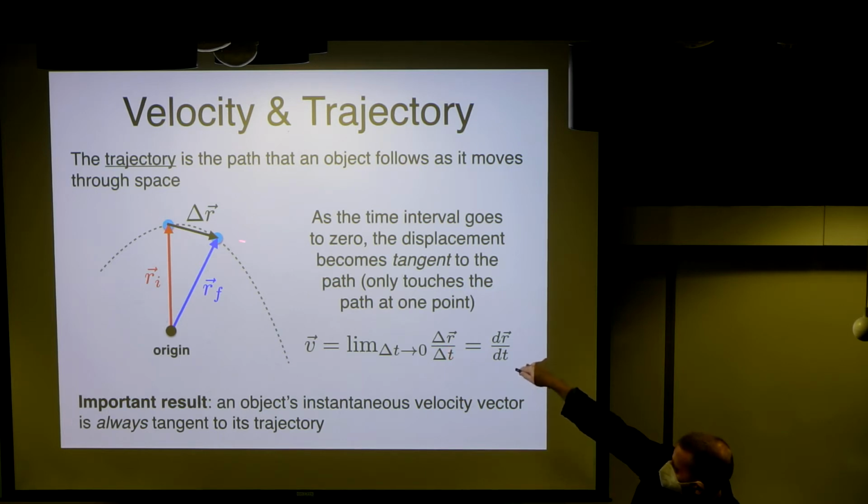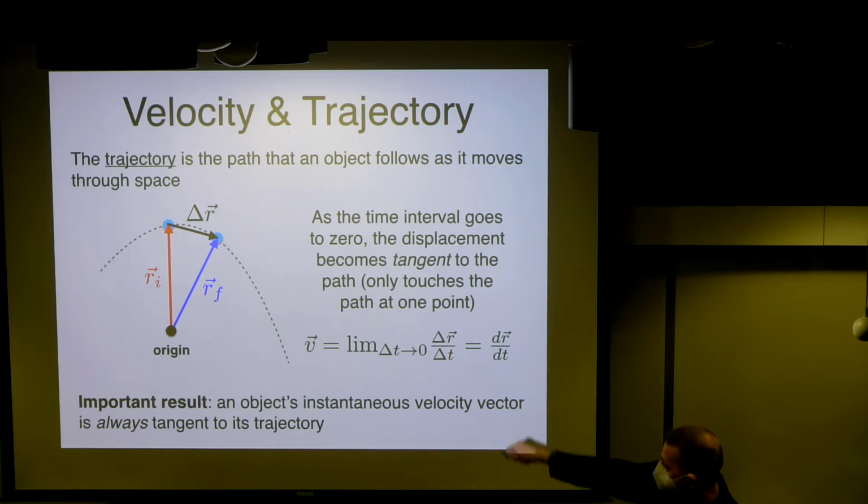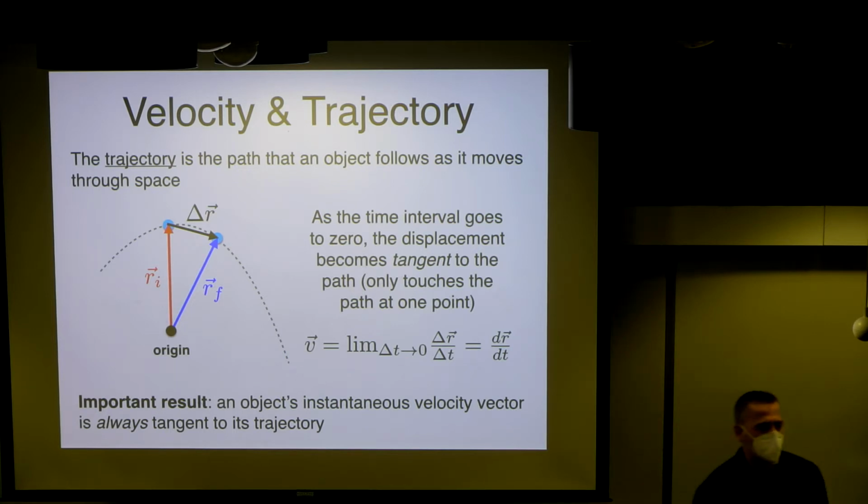So if my delta r vector is pointing tangent to the path like this, so is my velocity vector. So you can always use this result in the future, that the velocity of an object is going to be tangent to the path it's taking. Any questions?